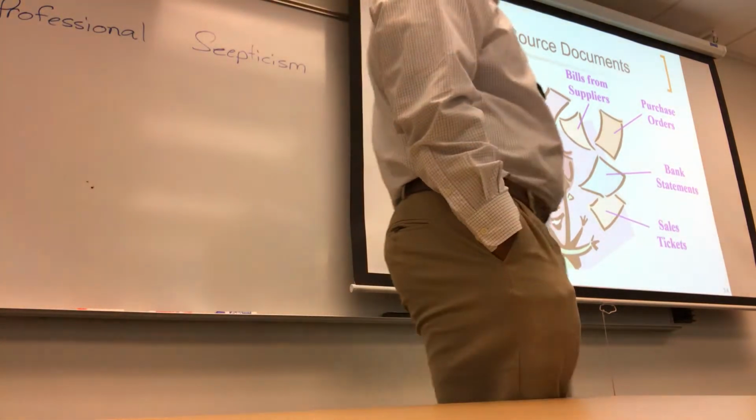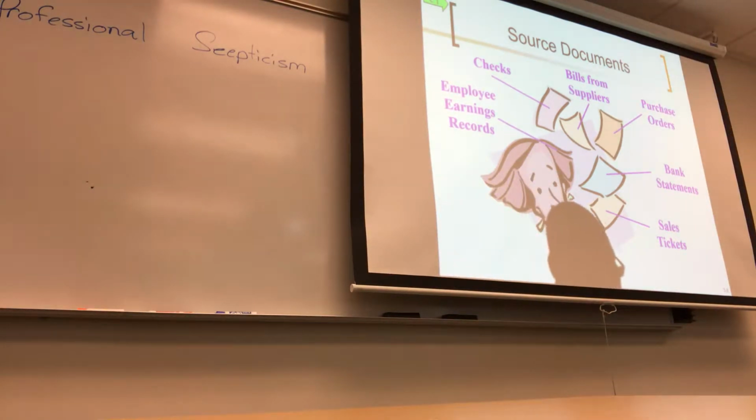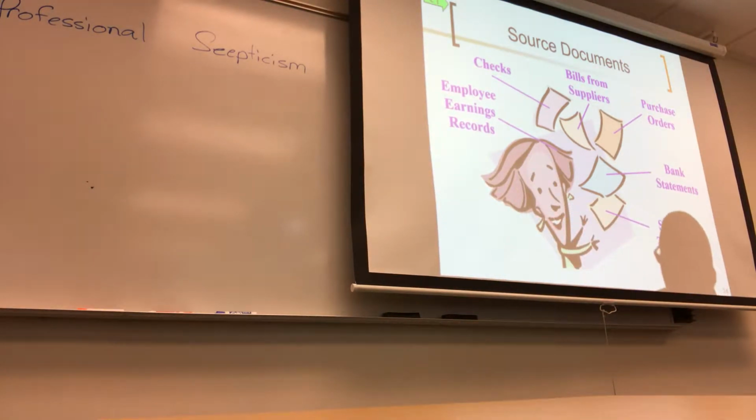Is this information true or not? So what lowers one's risk that the information is true? Source documents. Source documents from third-party organizations or individuals, right? Stuff like checks, bills, purchase orders, bank statements, sales tickets, right? You bought the trucks? Fine. Bring us the invoice.